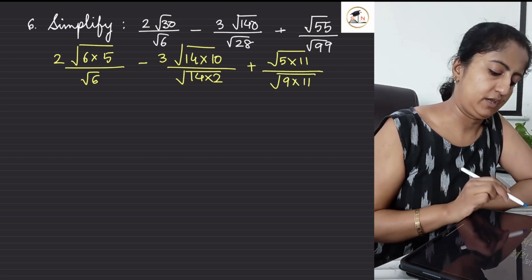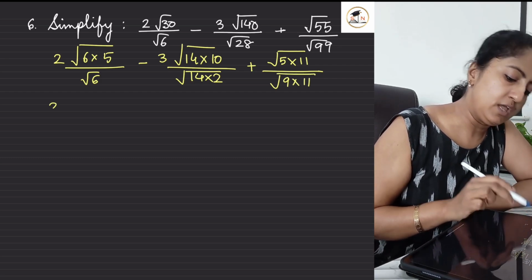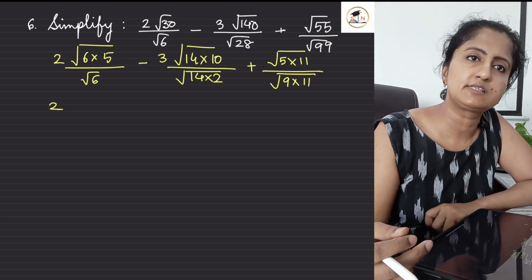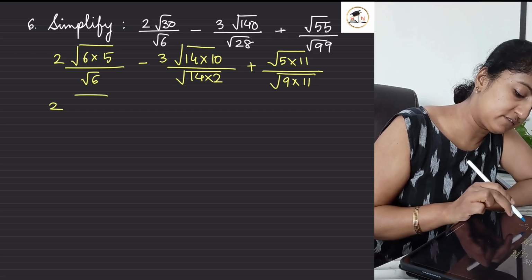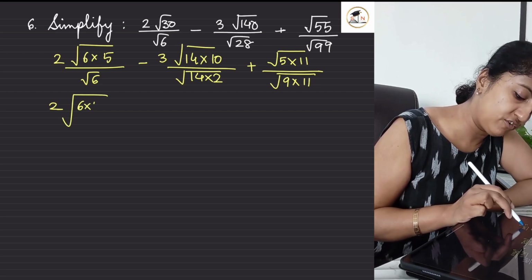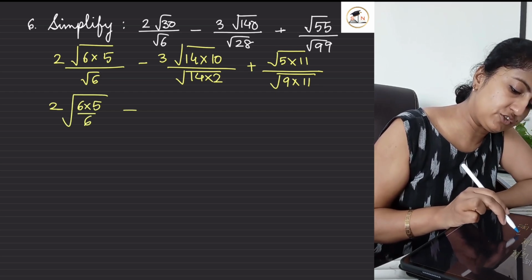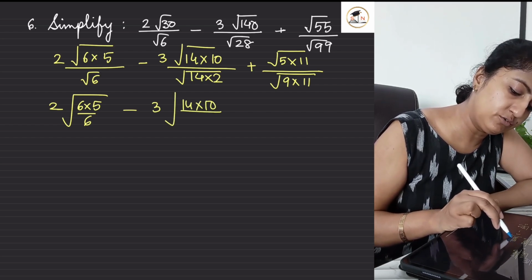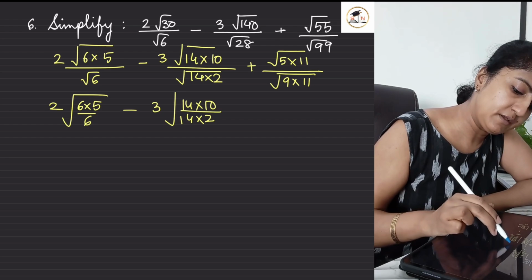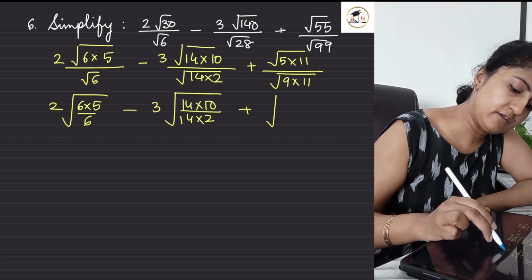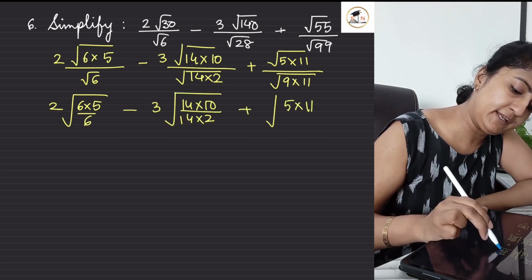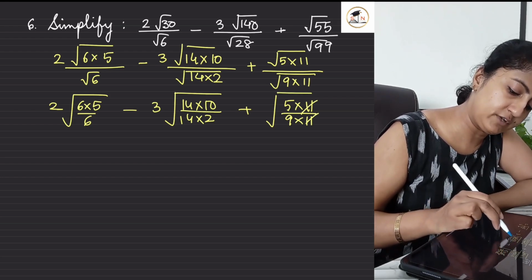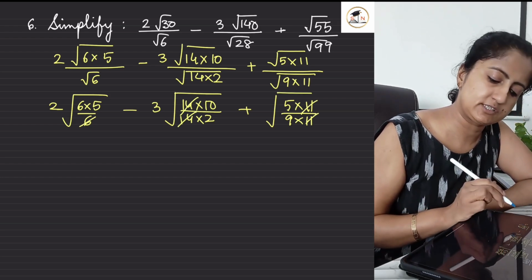Okay. Now, what we are going to do, I am going to collect the whole numerator and denominator in a single root. So this gives me 6 into 5 over 6 minus 3 outside, 14 into 10 over 14 into 2 plus 5 into 11 over 9 into 11. 11 got cancelled. 14 got cancelled. 6 got cancelled.